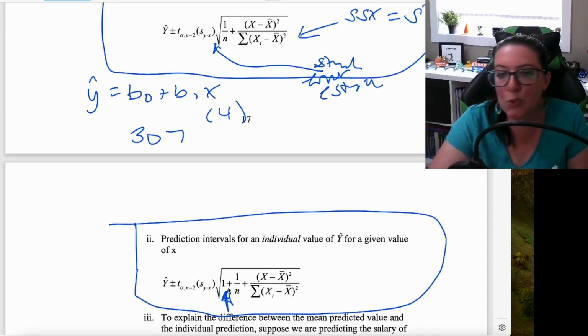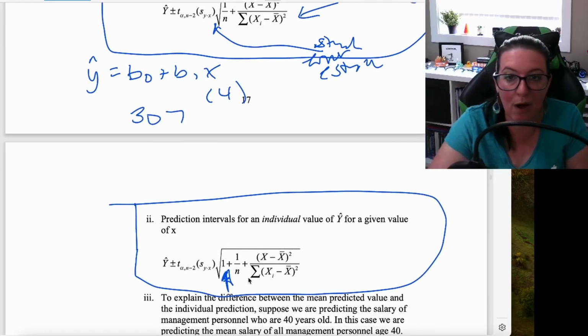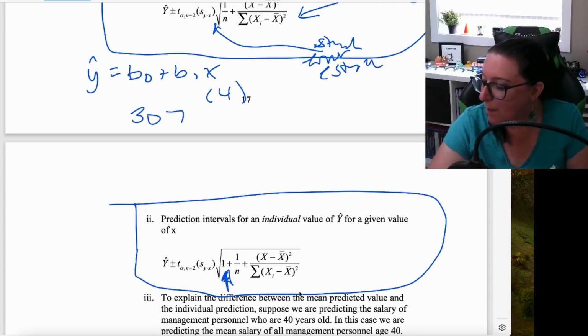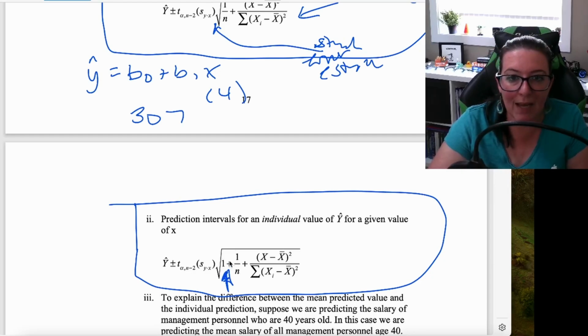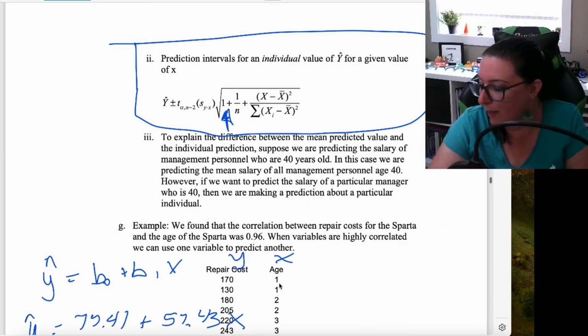We could do the same process that we just did, pulling these pieces from our Data Analysis ToolPak in Excel or from calling more information, ANOVA, and descriptive statistics in Python. But to find the prediction interval for an individual value, we're simply adding a 1 into this formula.